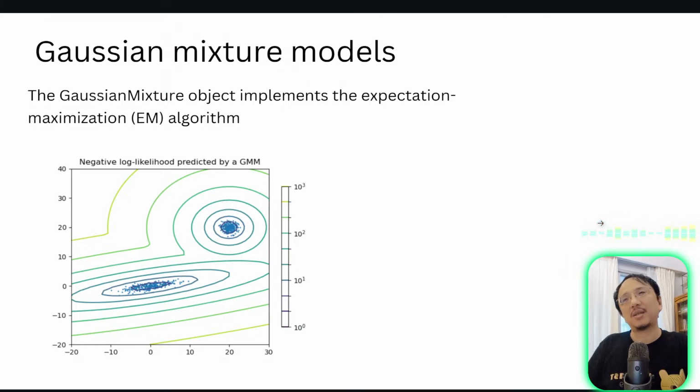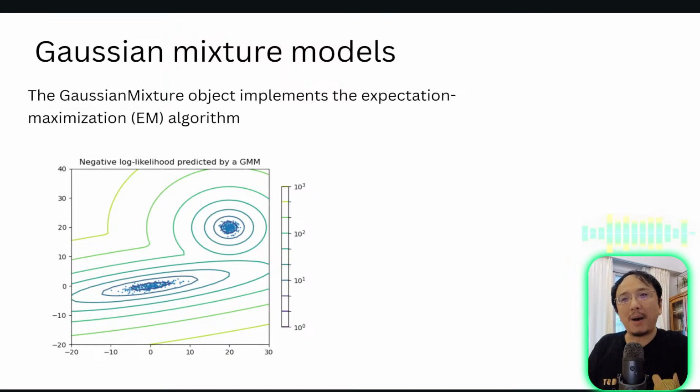Another related concept is the Gaussian mixture models. Usually, we are trying to fit things with Gaussian models.